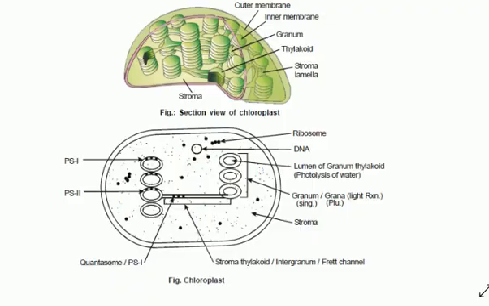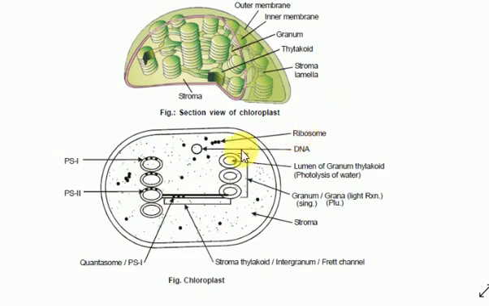As you can see in this diagram, here we have the grana, and then we have the stroma, then the thylakoid or the intergranal lamella, and in the granum we have photosystem 1 and photosystem 2.